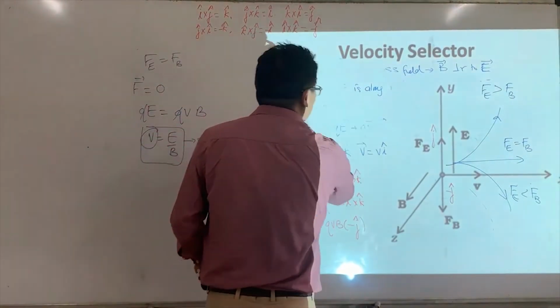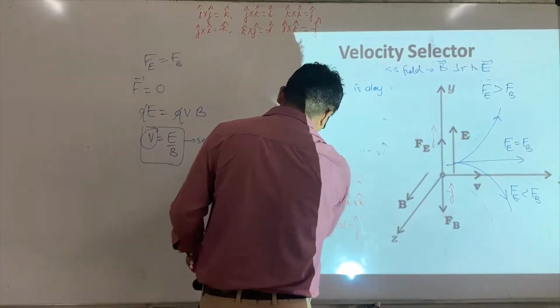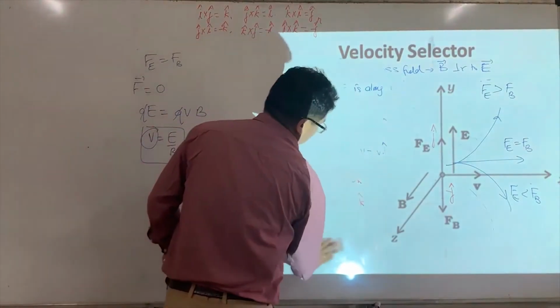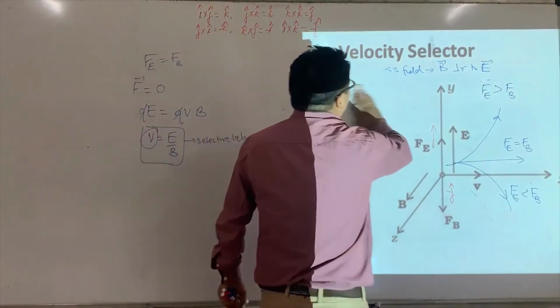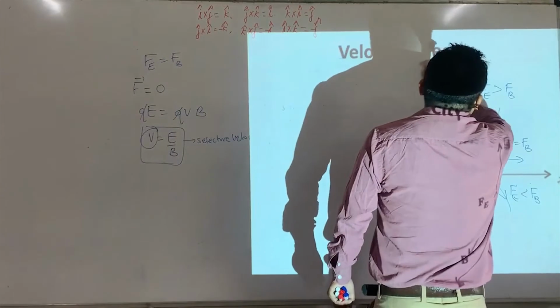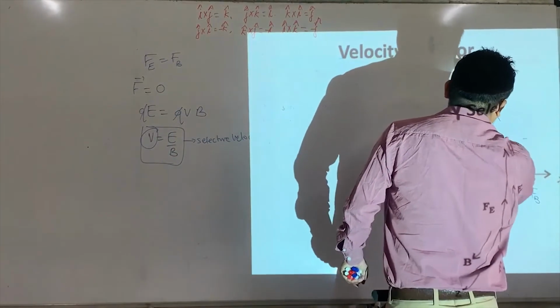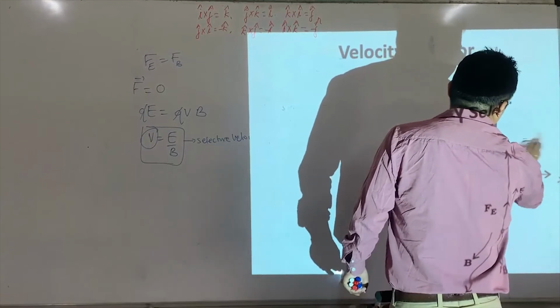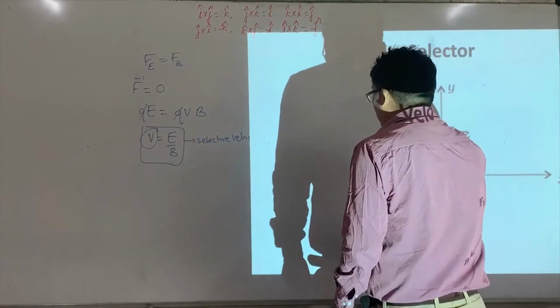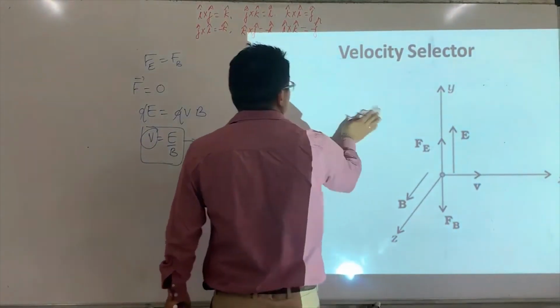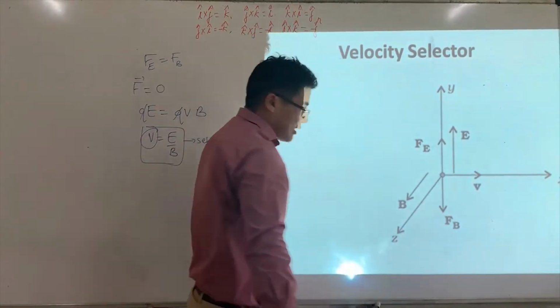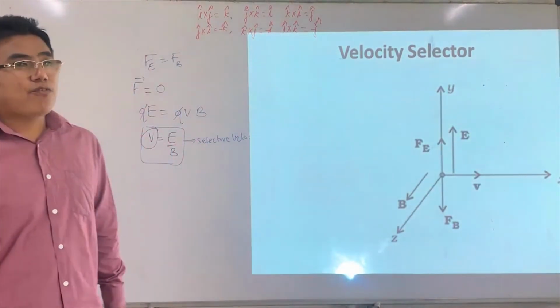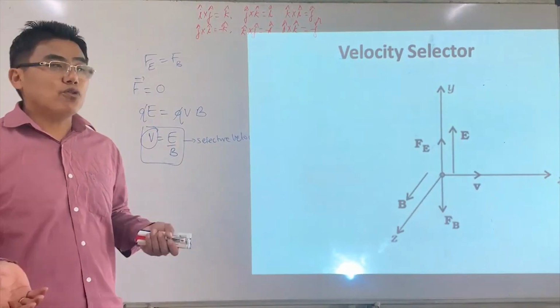So far we were talking about the effect, meaning the force: the effects of moving charged particles, that a moving charged particle experiences a force in an external uniform magnetic field. Now what we are going to study is how much magnetic field one could produce.